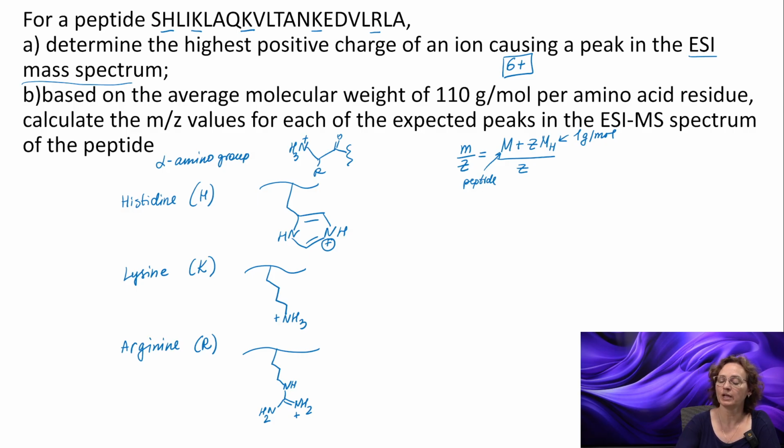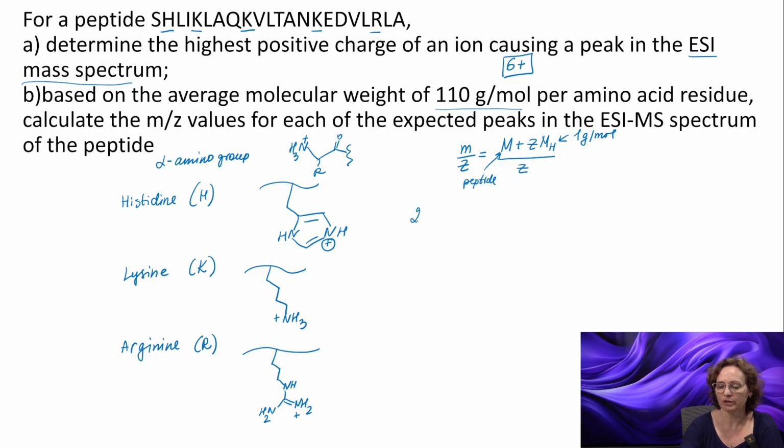And we know that we can estimate the weight of a peptide, usually longer peptide, based on the average molecular weight per amino acid residue. So here we have 1, 2, 3, 4, 5, 6, 7, 8, 9, 10, 11, 12, 13, 14, 15, 16, 17, 18, 19, 20, 21, 22.